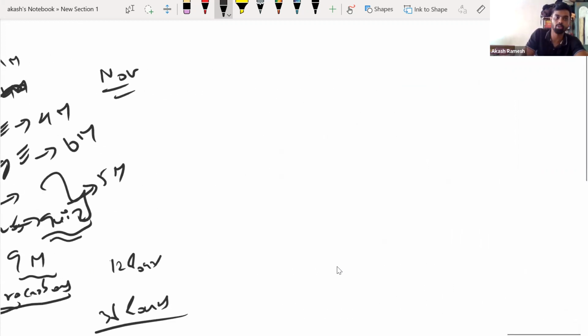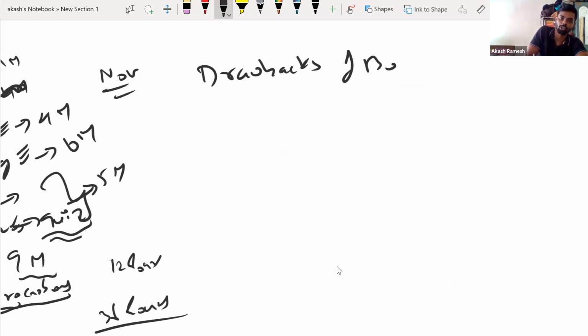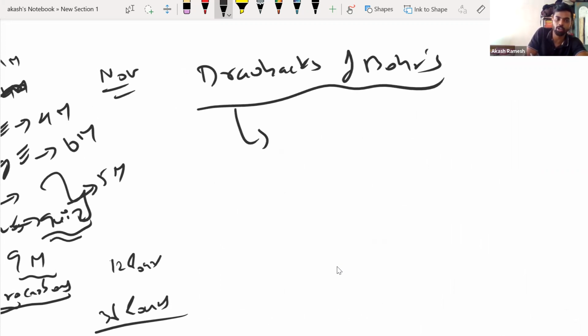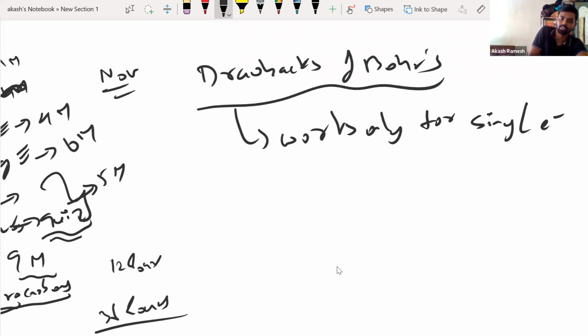We'll move on to the drawbacks of Bohr's atomic theory. One drawback we already know: it works only for single electron species.